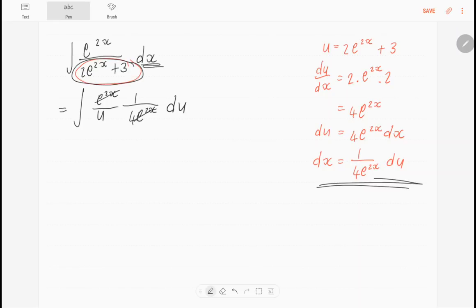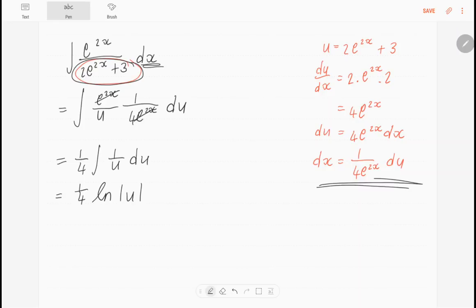As I said, it's not necessary to show this step, just showing it for complete clarity, which then gives us 1 over 4 times the integral of 1 over u du. And what's the integral of 1 over u? Well, that's going to be ln of the absolute value of u.